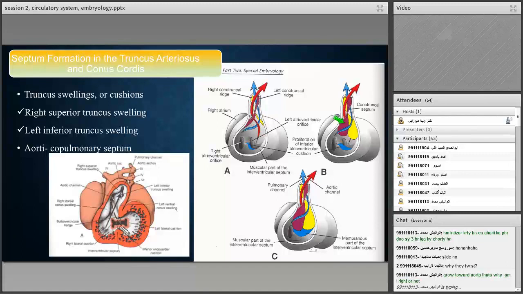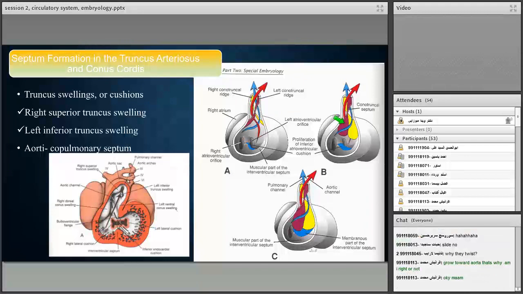Yes, they are growing towards the aortic sac. So this aorticopulmonary septum is dividing the truncus arteriosus into the aortic canal, the red arrow, and the pulmonary canal, the blue arrow.